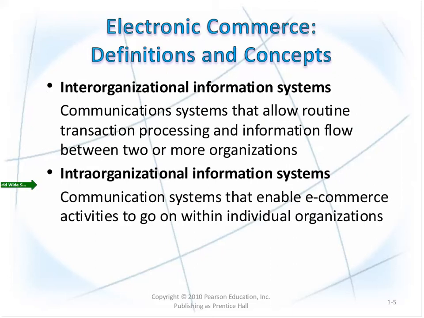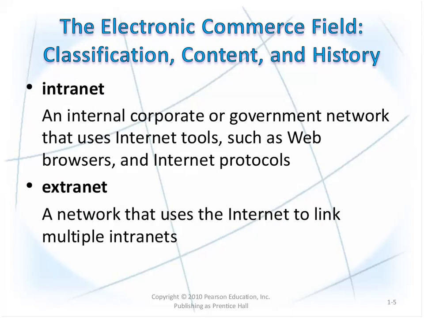But intra-organization is a communication system that enables e-commerce activity to go on within individual organizations. So intra means within our organization, but inter means between or among two or more organizations. We need to be able to differentiate these, like intranet and extranet.